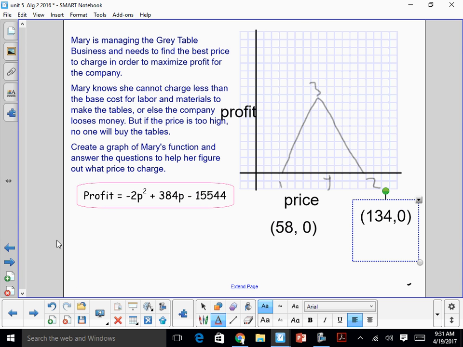Well, as this thing goes up, there's going to be a certain point where she maxes out. What are the coordinates for the maximum profit? It was at the very top here. What were those numbers for that maximum? 96 comma who? Say the numbers again. 28.